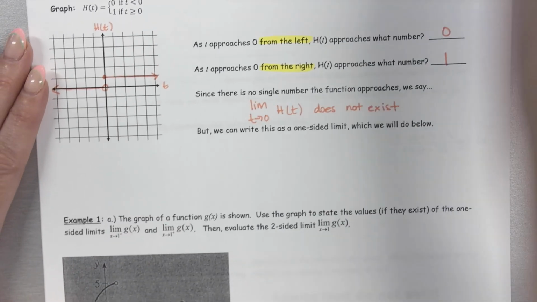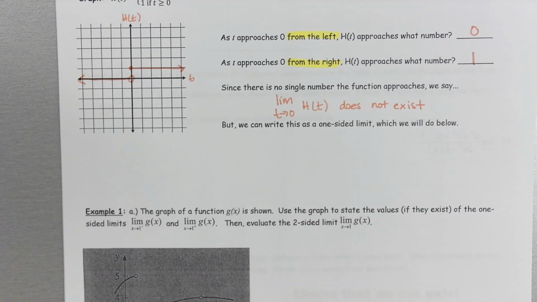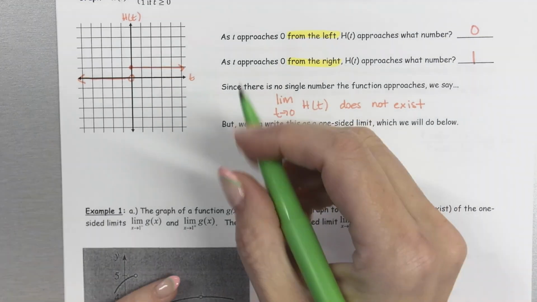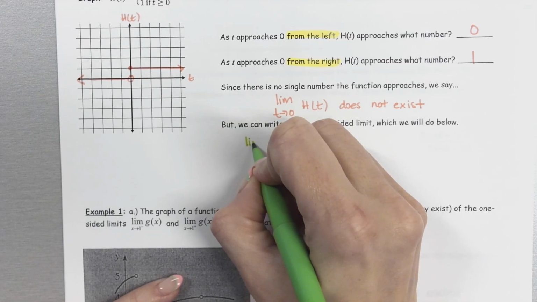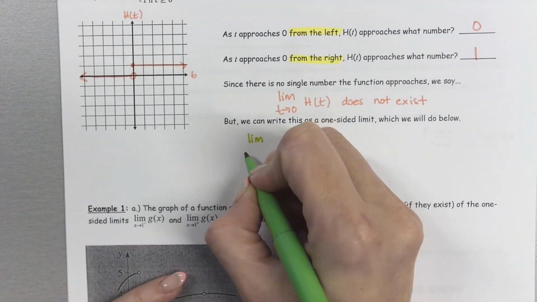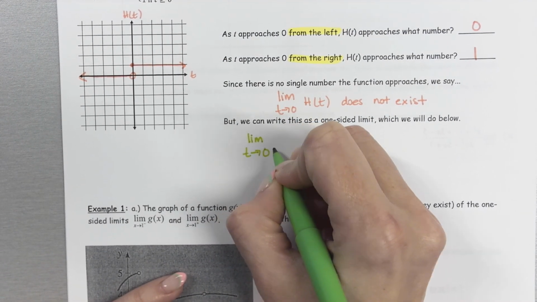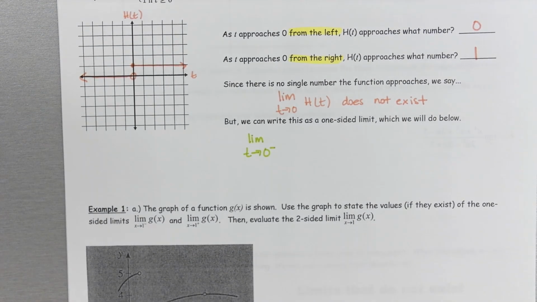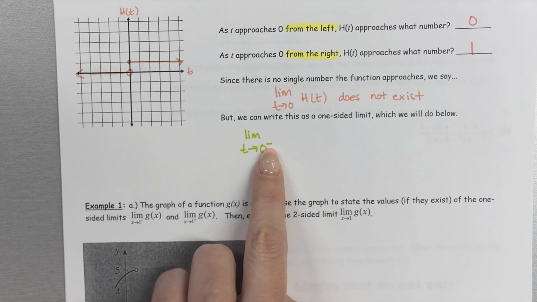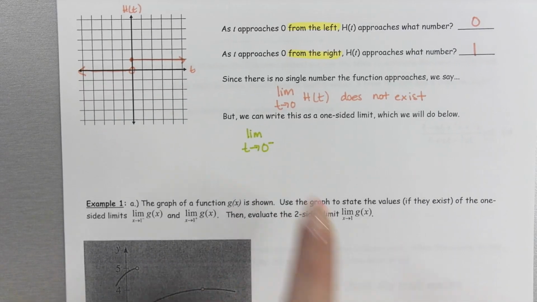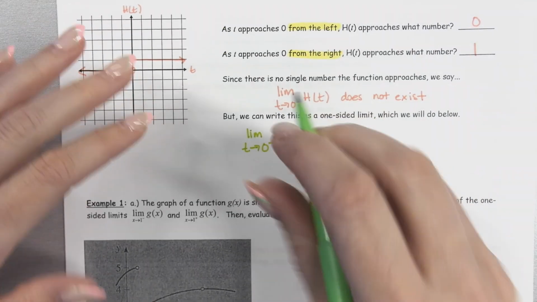What we can do is we can write out a one-sided limit with some different symbols. So what we could say is we could find the limit as t approaches 0 from the left. And the way we show that is with that negative sign right here. So that means approaches from the left.